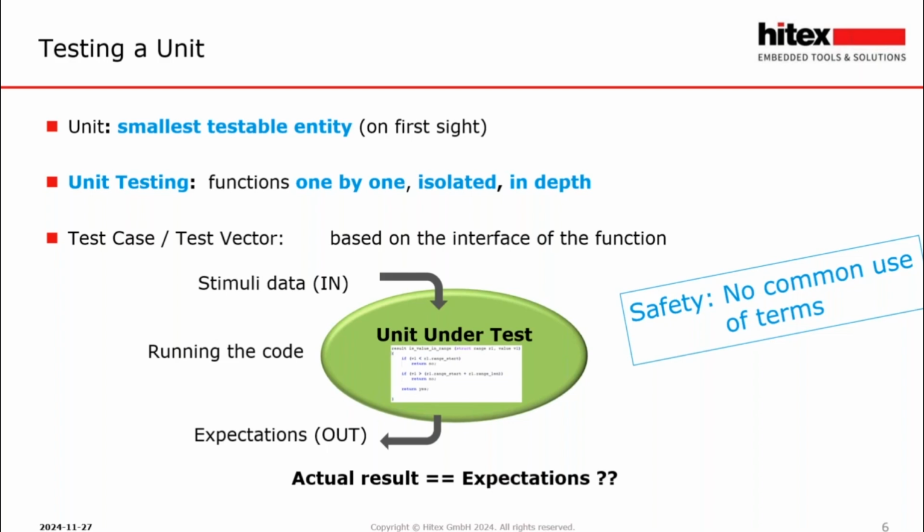We will execute that, and then after the test, we can see if the actual calculated value, inside or not inside, meets our expectations. That's a very basic principle. And here we can see the test data. The test vector, test data, will always have input stimuli and output expectations.